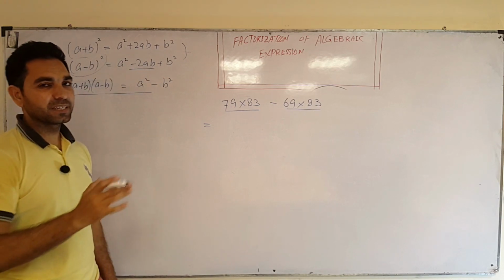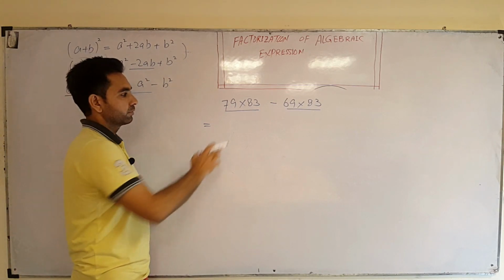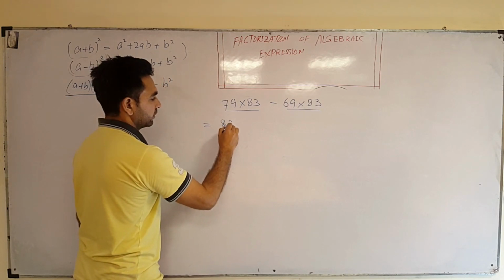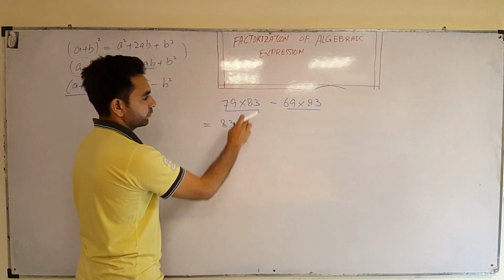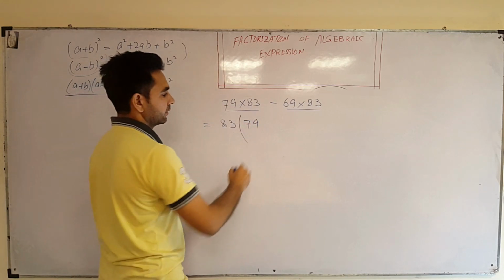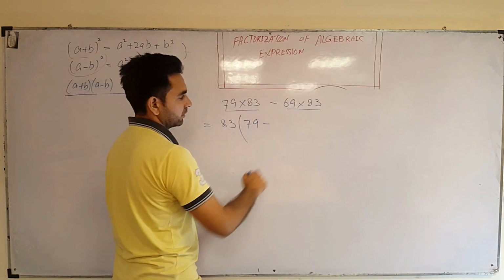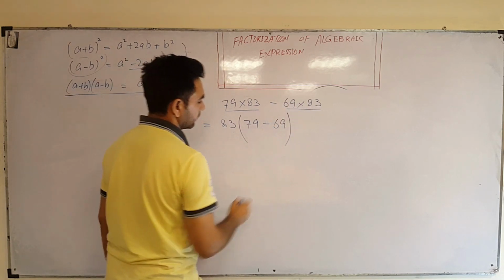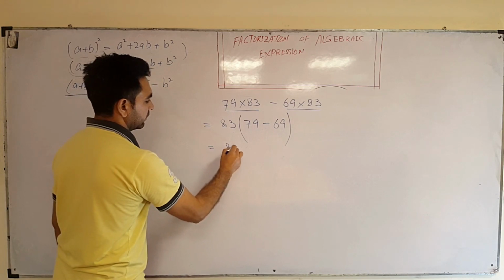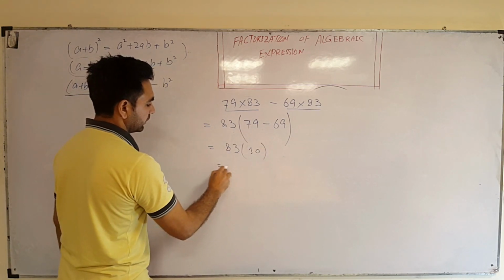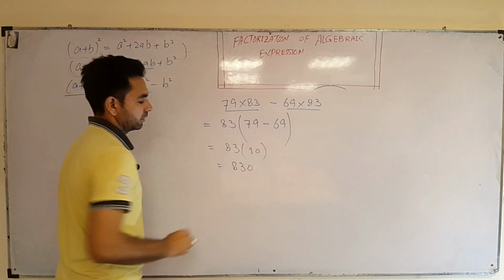We can see that there is something common in both of them. What is that number? That is 83. So if we take out 83 from here, we are left with 79, and then there is a negative sign, and if you take 83 from here, what is left is 69. So 79 minus 69 gives us 10, so that is 830.